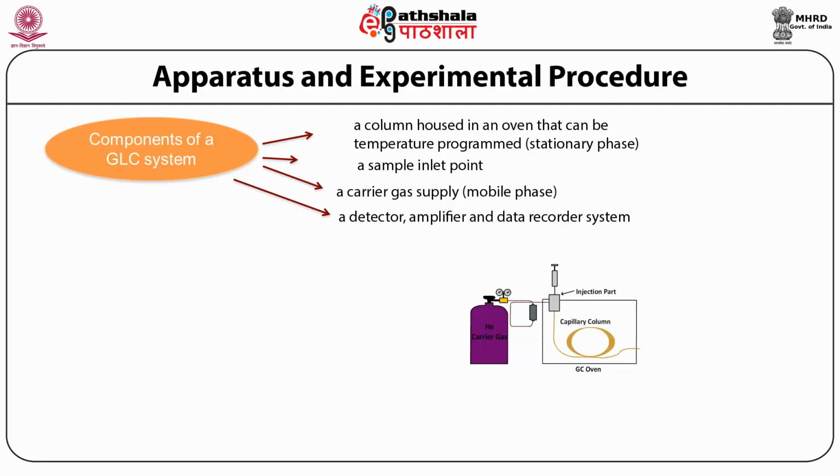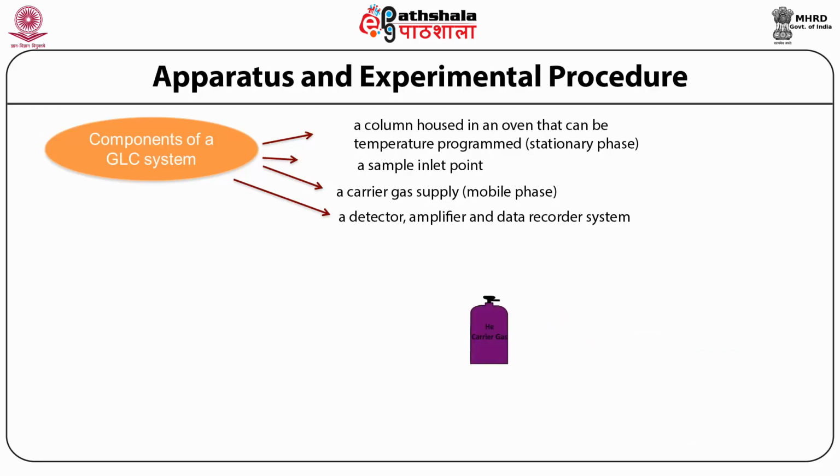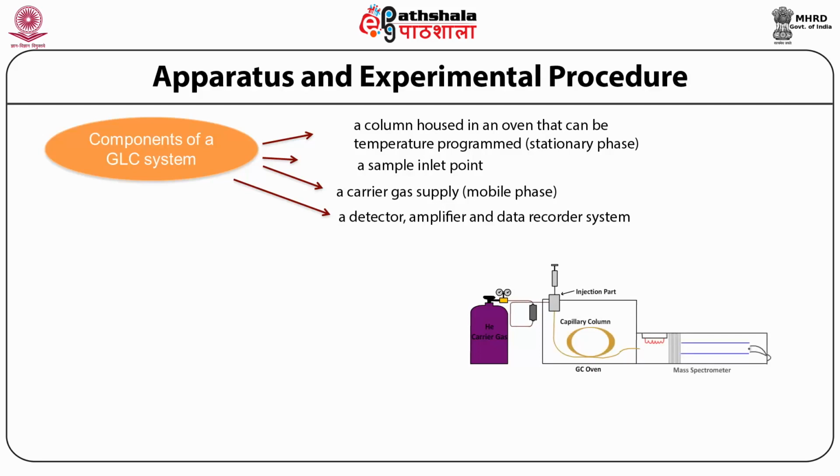The syringe here on top of the injection port is a micro syringe which can hold up to 1 microliter of sample. This micro syringe is used to inject the sample into the column. The preheater near the injection port will immediately vaporize the sample, or make it volatile, so that it can easily be carried by the carrier gas through the column.